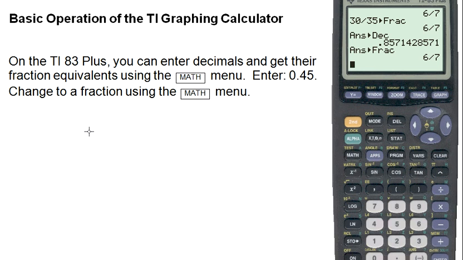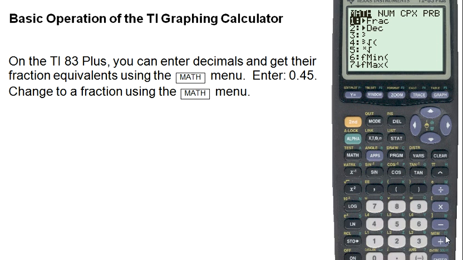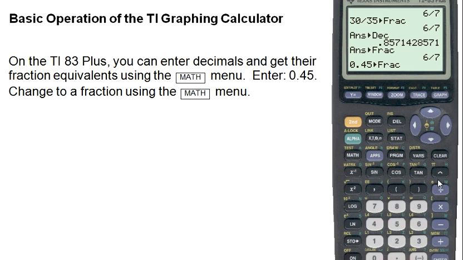On the TI-83 or 84 Plus, you can enter decimals and get their fraction equivalents using the Math menu. We're going to enter 0.45, 45 hundredths, and go to Math 1, fractions, and hit enter, and you'll get the fraction equivalent.